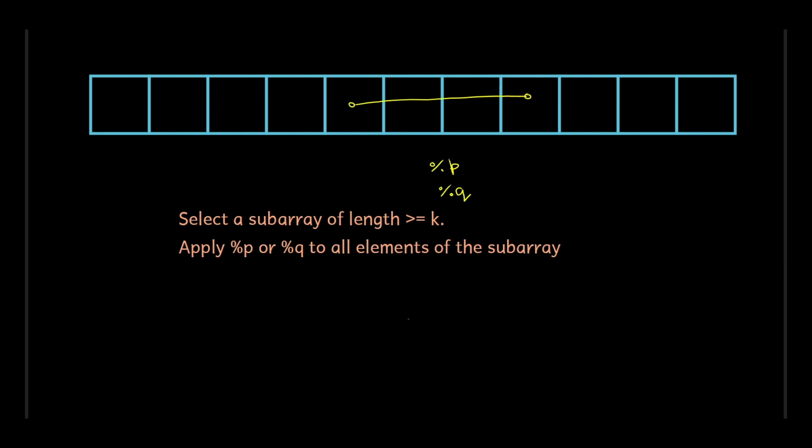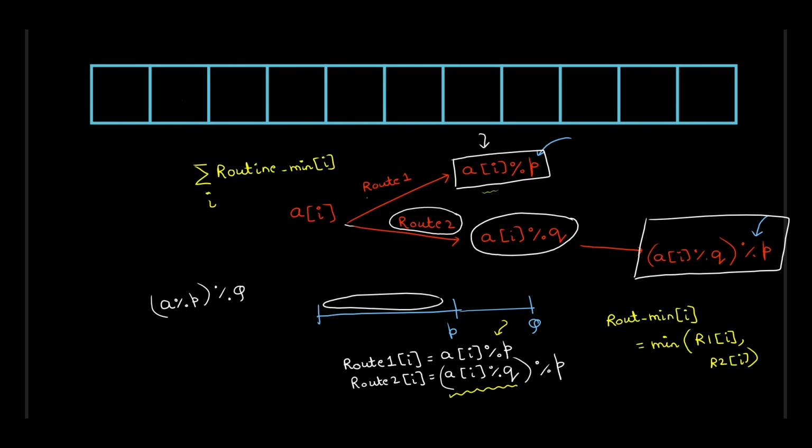So remember, our goal is still, in an ideal world, to provide whatever root each element wants, right? But it might not be possible, because sometimes you will have to apply an operation on a subarray, and then some elements might land into root 1 when instead they wanted to go into root 2, and there is no way to come back, because once you land into root 1 there is no way to come back to root 2, because these operations are not reversible.